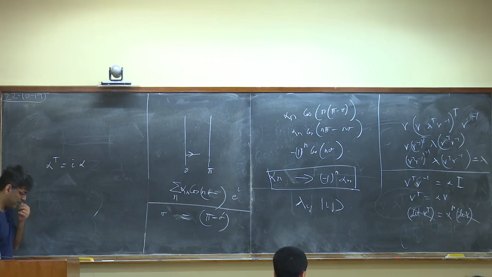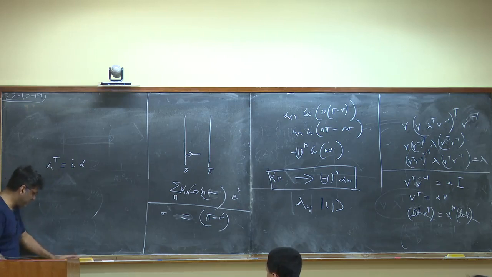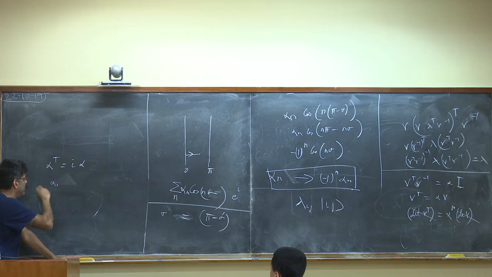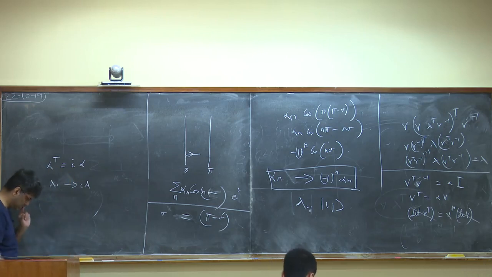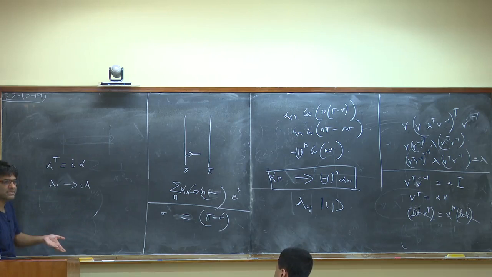Okay, so if the eigenvalues are equal, the only way this could work is if for every alpha that was an eigenvalue, i lambda is also an eigenvalue, and that would restrict this to matrices whose eigenvalues are the 4th roots of unity.